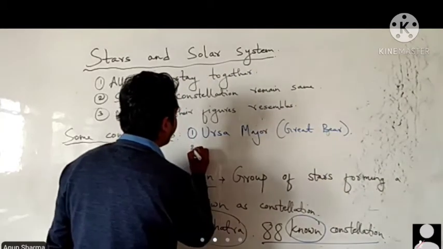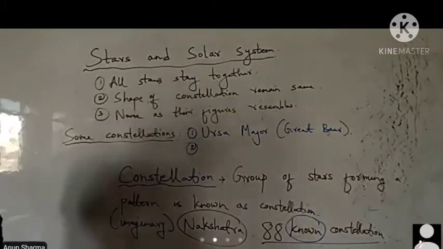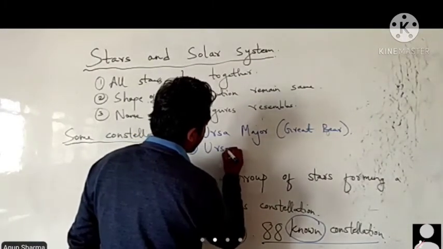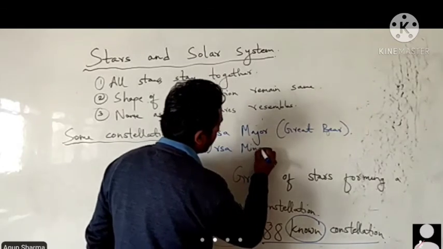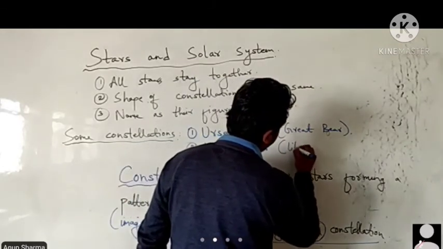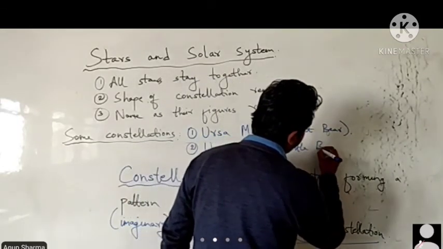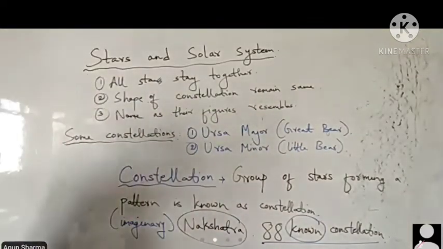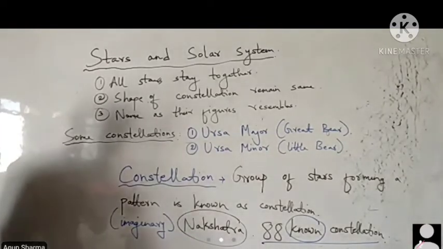Then second we have Ursa Minor, the little bear. Then third we have Orion, the hunter.